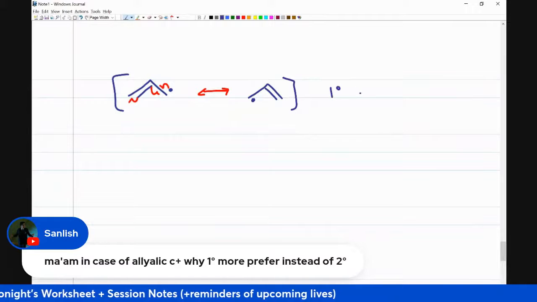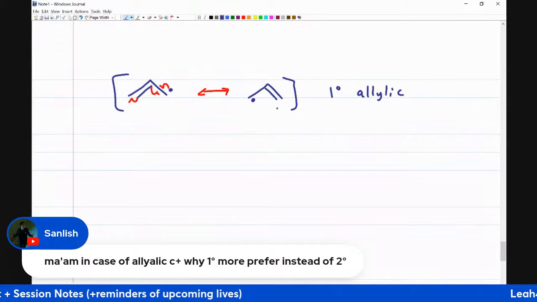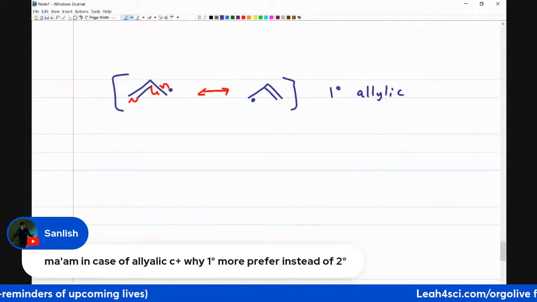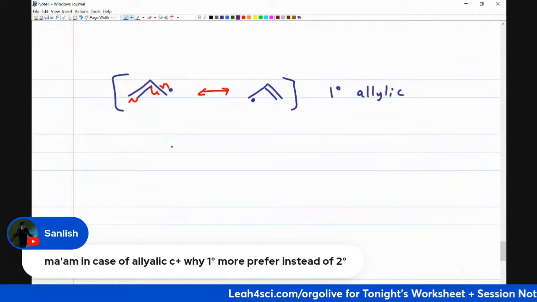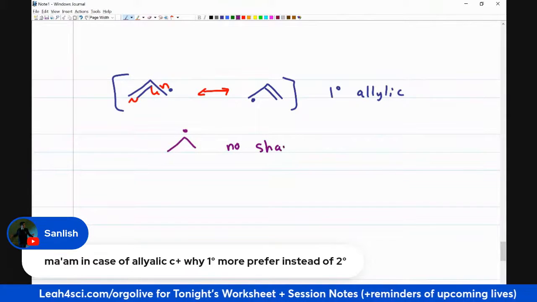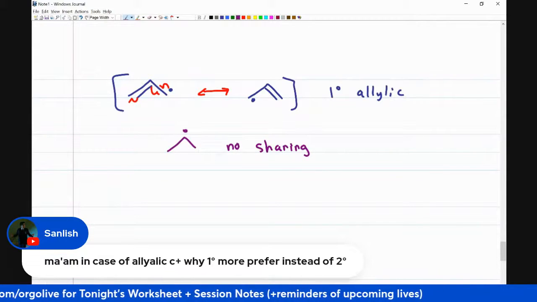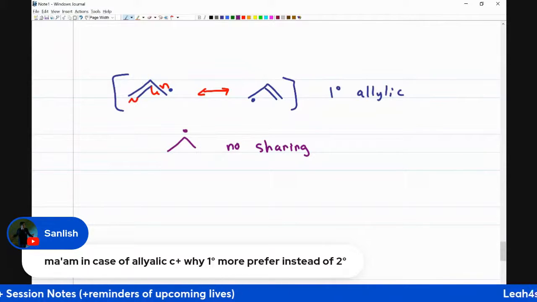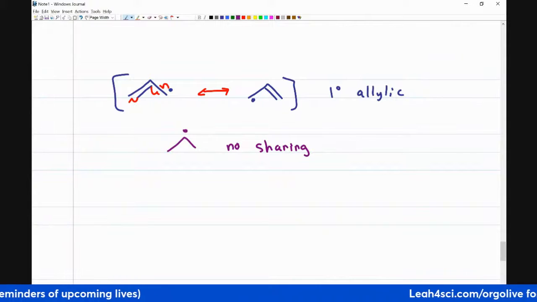So this is primary allylic, and it's stabilized by the fact that it has resonance. This primary allylic would then be more stable than just a secondary radical because there is no sharing of the burden, and therefore it's slightly more stable, but it's stuck holding that burden by itself. That's a very good question. Let me know if that helps.